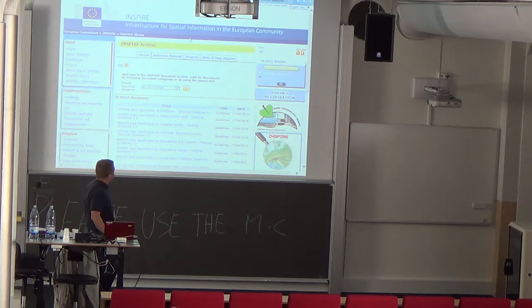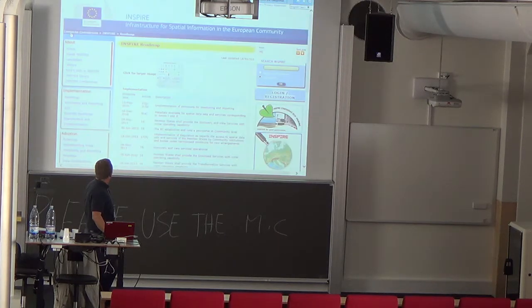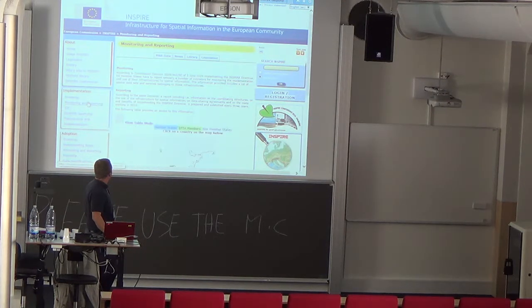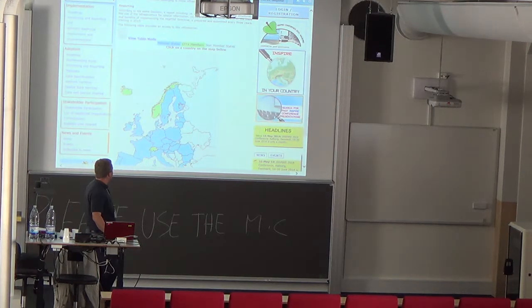The next section is about the implementation. So you can see the roadmap. Actually, this is the picture that I already showed you during the presentation. Monitoring and reporting: first about legislation, and then you can find the data for particular member states, for a particular country. So if you click on the country, you can find a report. You can get the reports, indicators for each year.